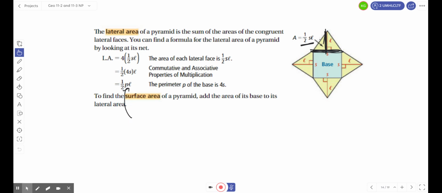They said, hey, we're really just multiplying the height of the triangle by this, and then the height by this, and then the height by this, and then the height by this. So we're multiplying the height by the perimeter. So that's what they did here. They did the height times the perimeter times a half. That works too. I kind of like this way better. But maybe they give you the perimeter and then you can save yourself some time.